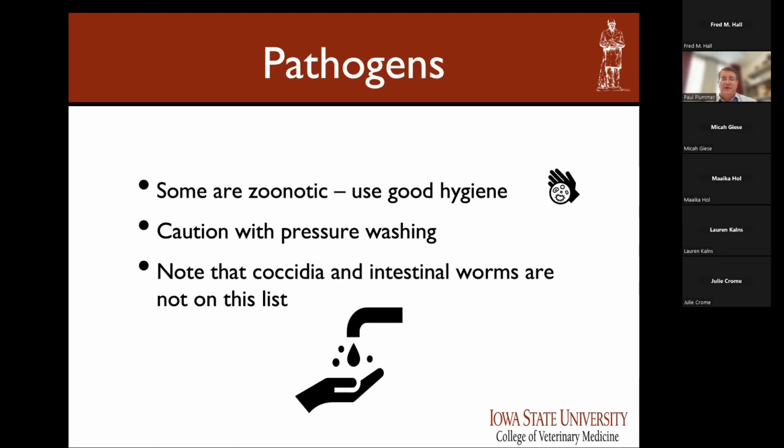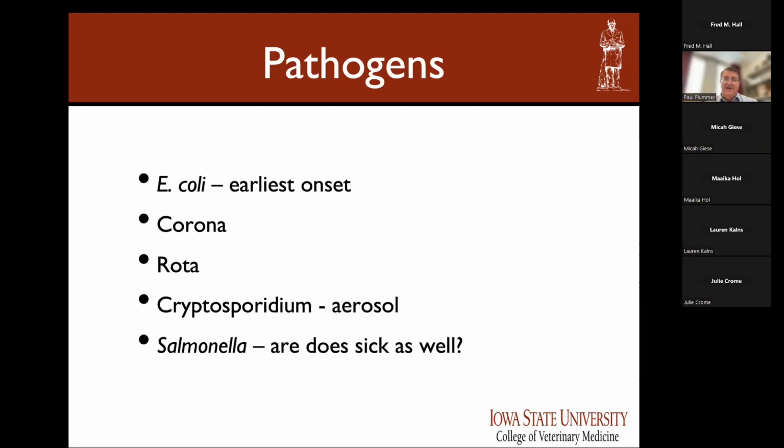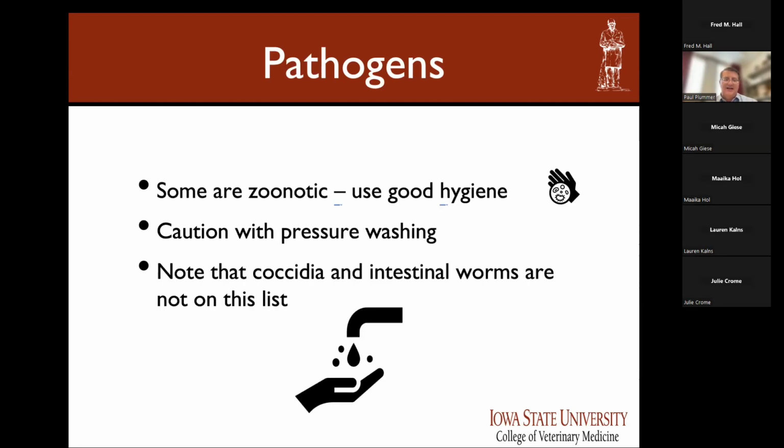And most importantly, what I want to point out that's not on that list on the previous slide is coccidia or intestinal worms. Now coccidia is a significant driver of diarrhea in goats, and it's a significant driver of diarrhea in goat kids, but not in this neonatal period. So in this first week to 2 of life, the life cycle of coccidia is such that it is not going to be able to cause clinical disease that early in life.